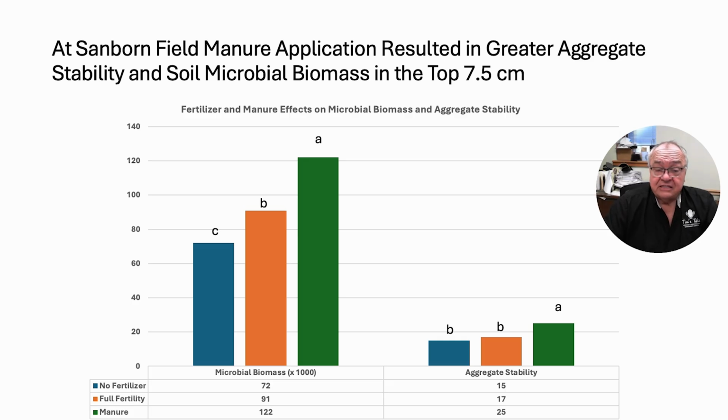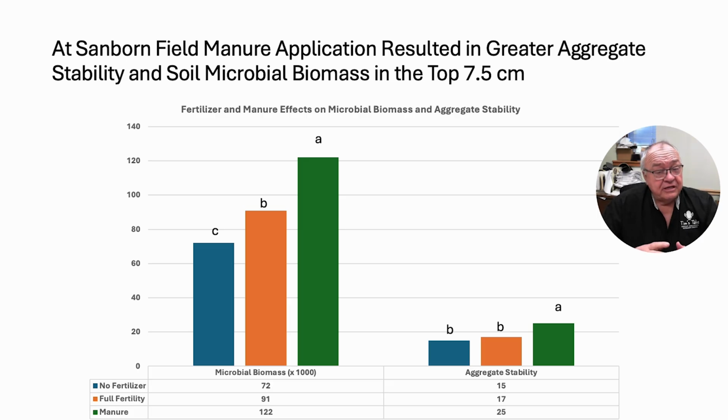As you can see, it's stair-stepped with the soil microbial biomass. With the manure, we may expect this, because not only do we get nutrients, we also get a carbon source for our biology. With better soil fertility, we can also have better plant growth and more biomass, so this also gives us more soil microbiology activity.